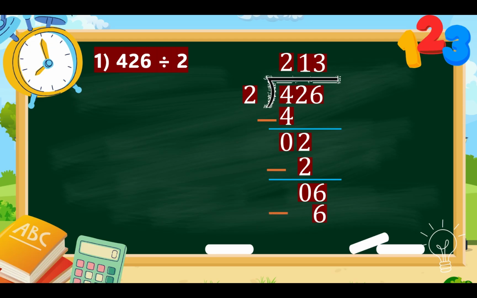And 6 minus 6 equals 0. So once we reach 0 here, and it's the last number, we don't have any number to bring down anymore. So that means we've reached the final answer. So our quotient is 213.